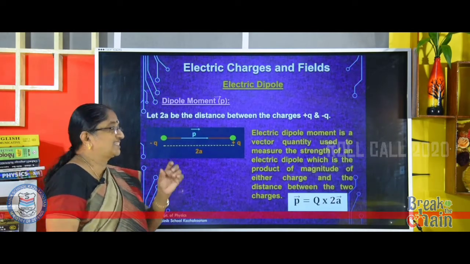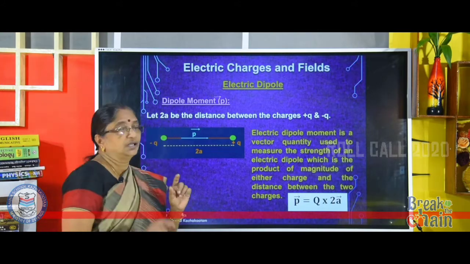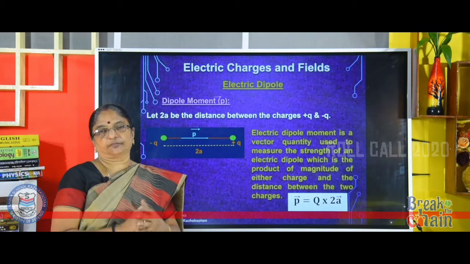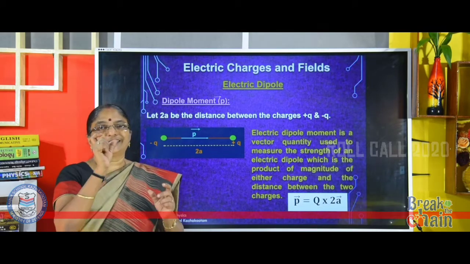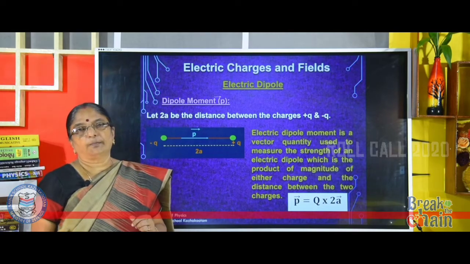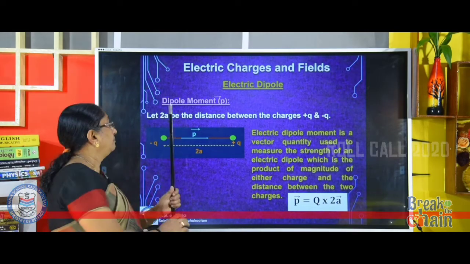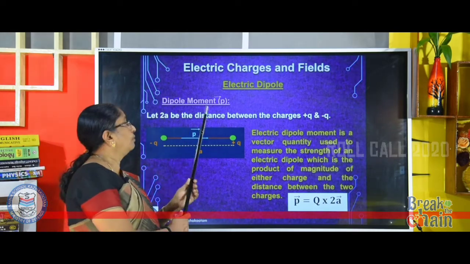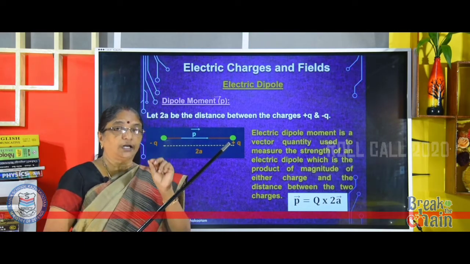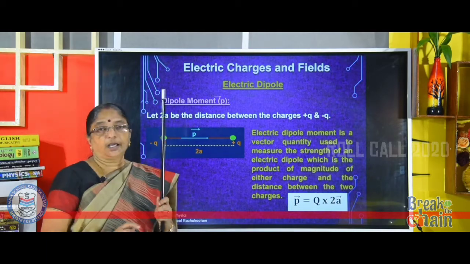This will be a single system, and this single system of charge will have a strength, and the strength of that single dipole is named the dipole moment, represented by small letter p. When you write it, write it very clearly, small letter p. Again, it is a vector quantity.